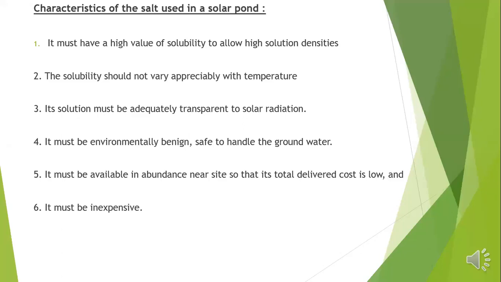So it is usually practiced to fill the pond with several layers of salt solution, with successive layers changing stepwise in concentration from near saturation at the bottom to fresh water at the top. This will be considered the important activity while building solar ponds.